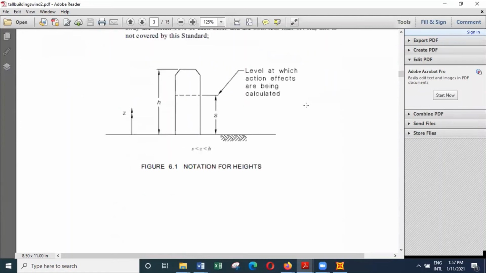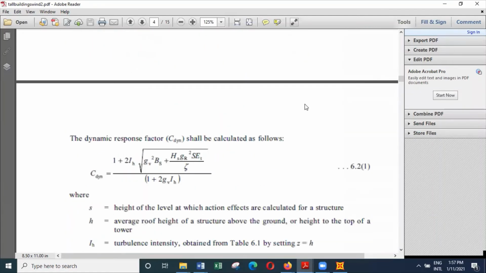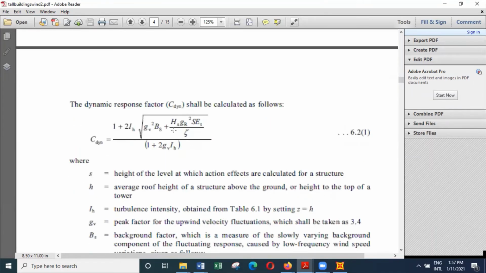When you are calculating the C dynamic value, S is considered as 0, which means we are calculating with respect to the ground level. Then h is the height of the building.